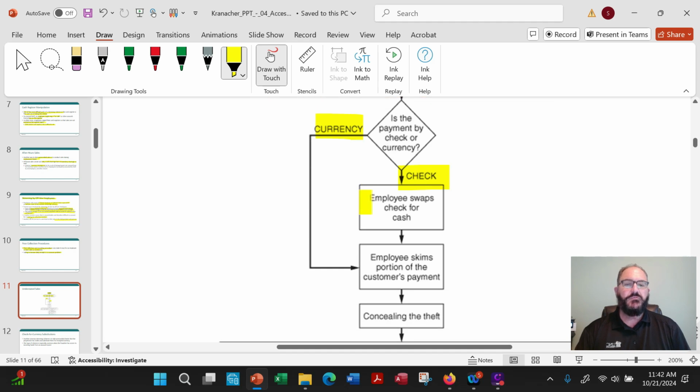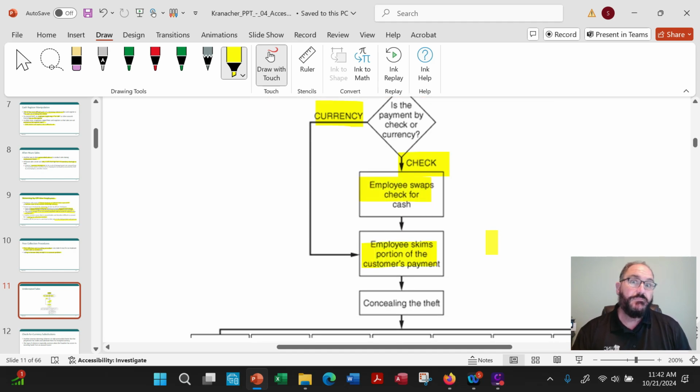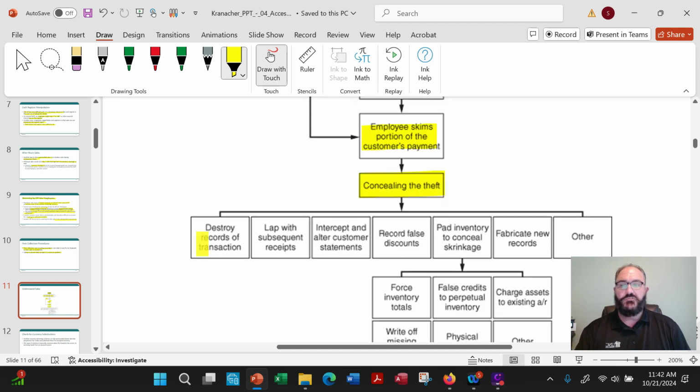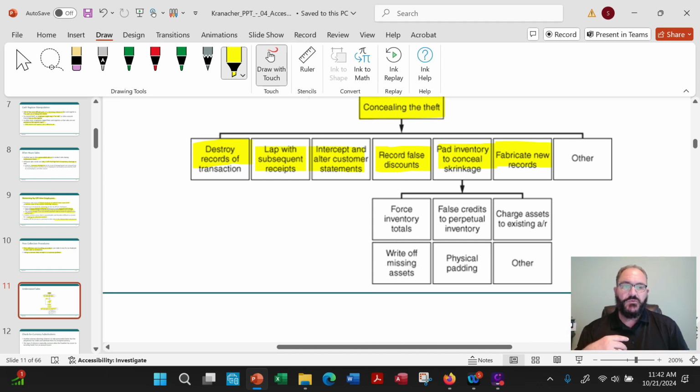If it's made by check, again, they swap that check for cash. The employee skims part of the customer's payment. They conceal the theft, and they can destroy the transaction. They can intercept the customer statement, lap with receipts, false discount, pad the inventory, make fake new records. By the way, it's really easy to copy things these days. Before, we didn't have copy machines like we do now.